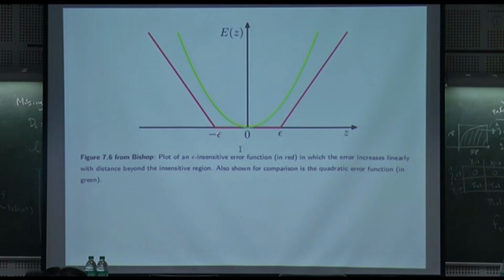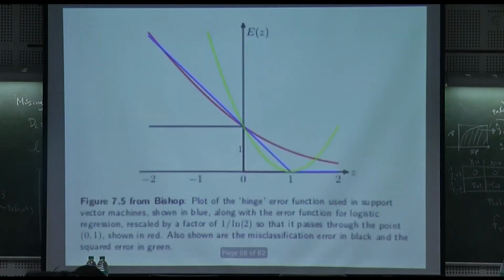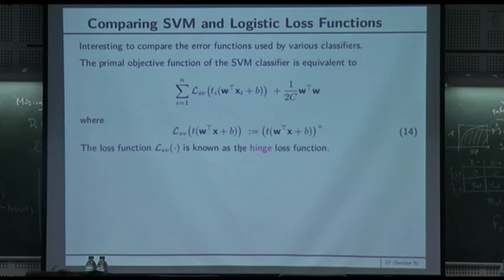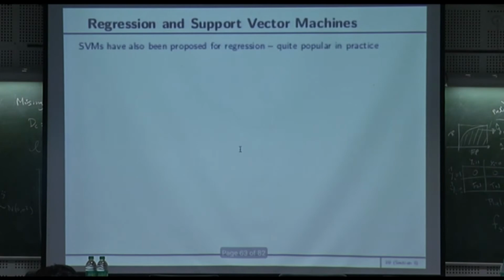This is very analogous to the hinge loss function, except that here we don't have classification, we have regression, which means that I'm using a symmetric error in both directions.